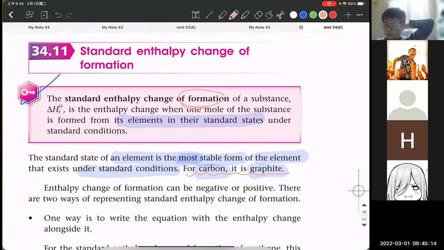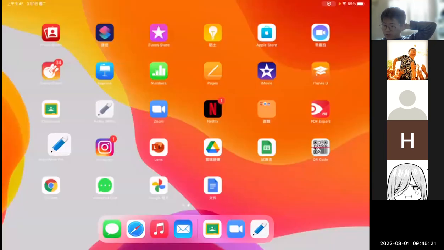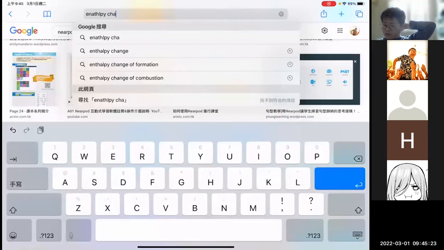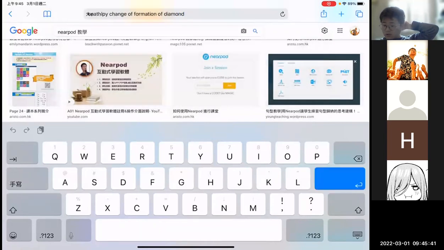So you are going to search on the web, all of you please mark down. What is the difference between diamond and graphite in terms of the standard enthalpy change of formation? Take a look on the web. Standard enthalpy change of formation of diamond. You search it on the web.